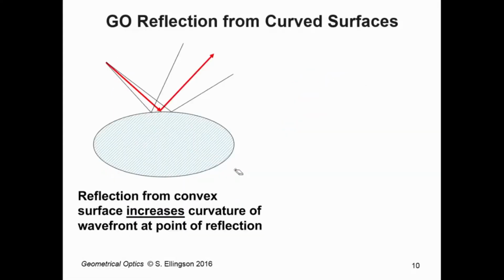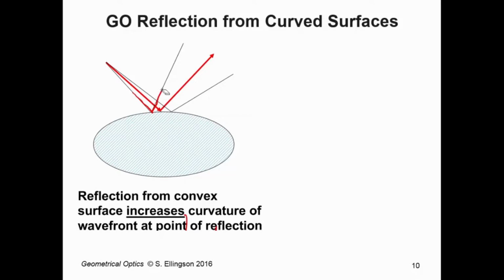What about other kinds of surfaces, curved surfaces in particular? Well, here's a convex surface. You can see here that reflection from a convex surface increases the curvature of the wavefront at the point of reflection. You can tell this right away from a simple application of Snell's law. Here's an incident ray.